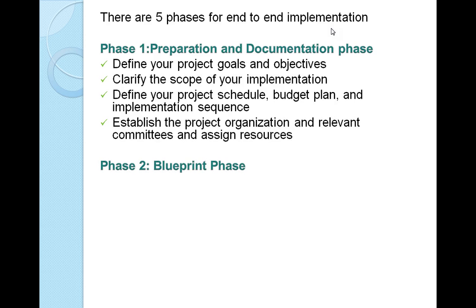Establish the project organization and relevant committee and assign resources. In the first phase, you discuss your project, how to implement and what exactly your requirement is, what your business needs are, who are the responsible persons, and what type of server you need to purchase.